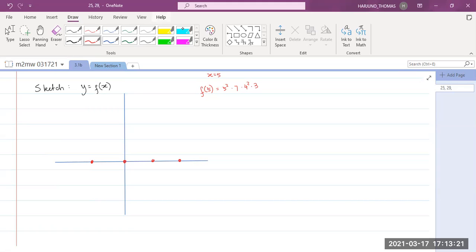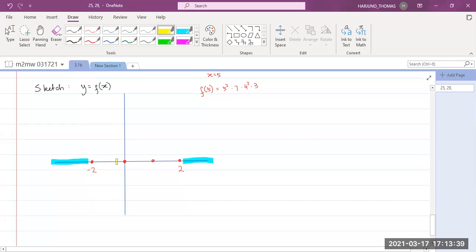So then where is the function above the x-axis? It's above the x-axis to the left of -2 and to the right of 2. It's below the x-axis on -2 to 0, 0 to 1, 1 to 2. Okay, so to the left of -2 is above the x-axis.